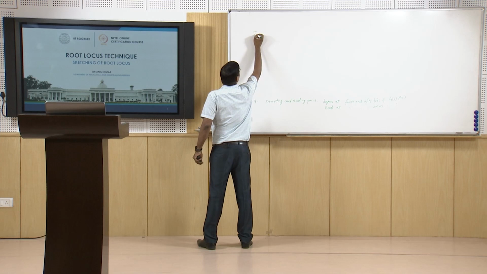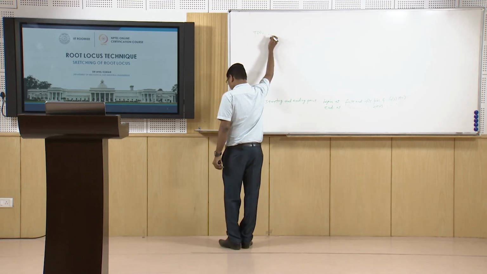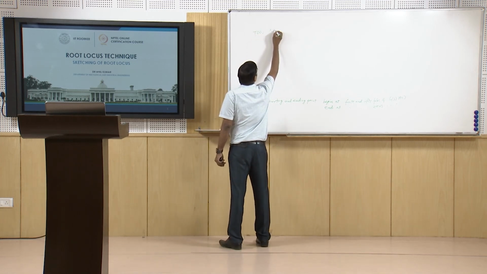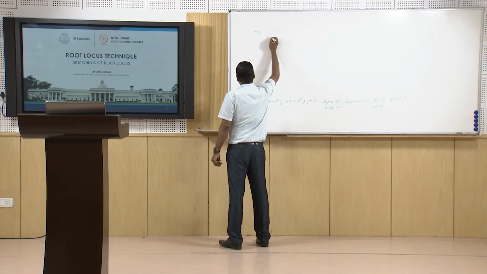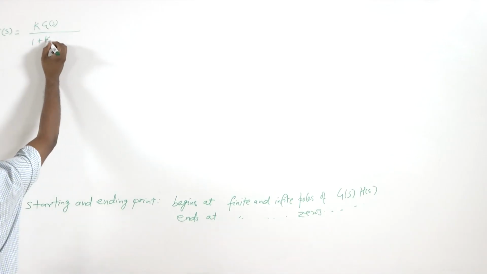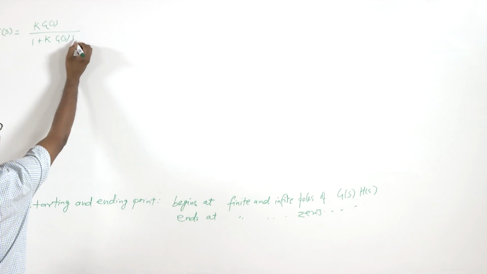So, let us say we have T(s) equal to K G(s) upon 1 plus K G(s)H(s).